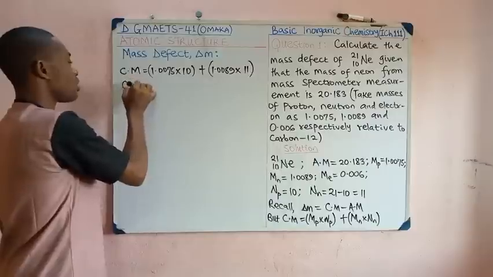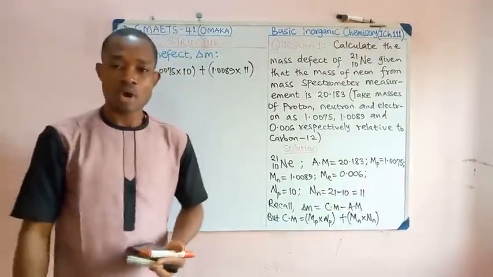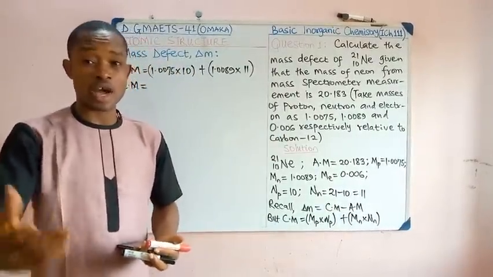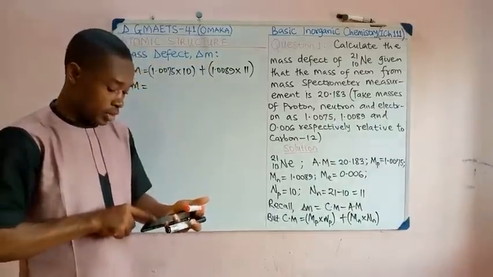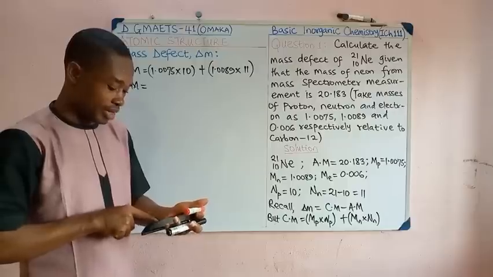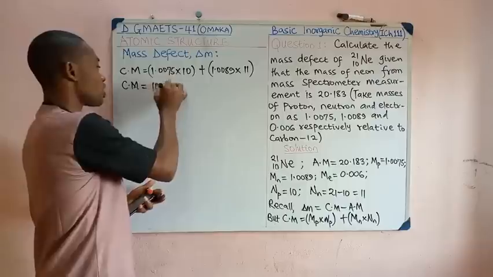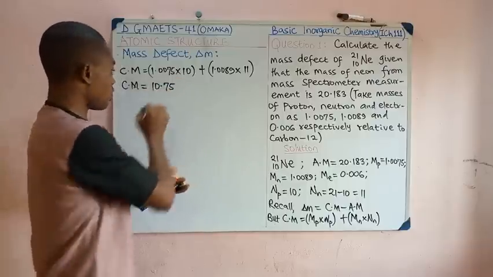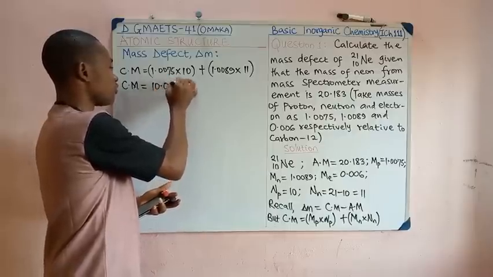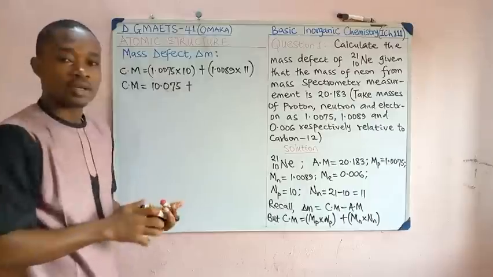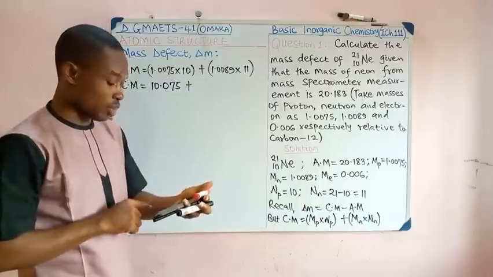So our calculated mass will be equal to what? We need to reach out for our calculator now, okay? I hope you have yours. 10.075, that is 1.0075 multiplied by 10, gives me 10.075. Then plus, you need to be done with the bracket first, multiplication first. Remember the order of operations.